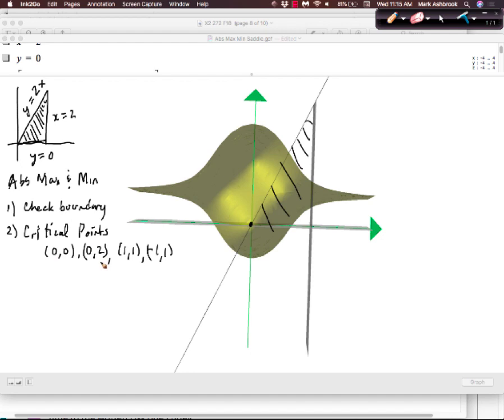What about 0, 2? No, right? That was our minimum. That doesn't matter because it's outside the boundary, so we can cross that out. 1, 1: yes, 1, 1 is right here. That was one of our saddles, but as a critical point, it's important. Negative 1, 1, no.